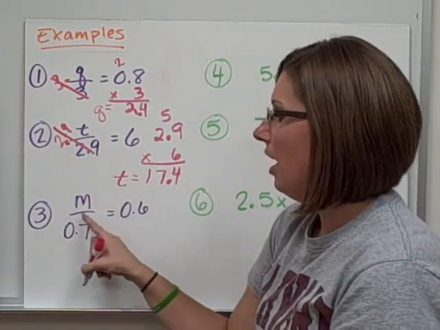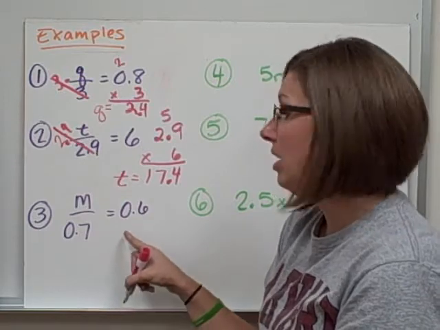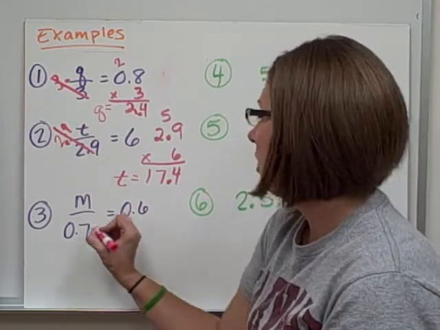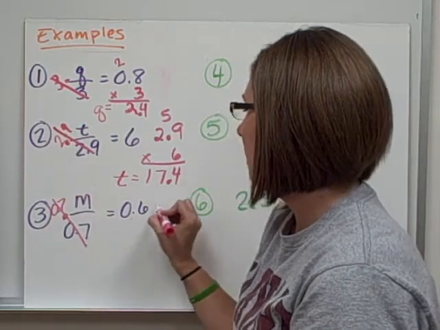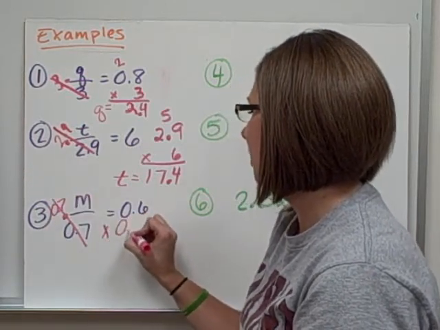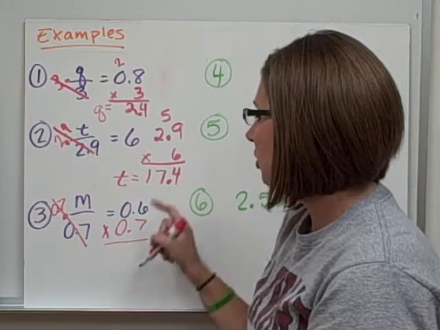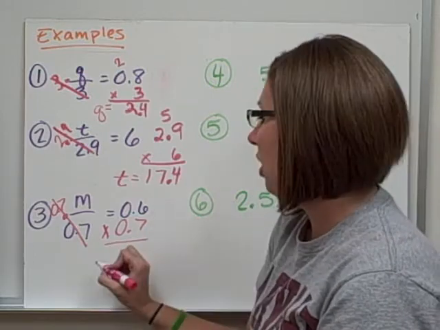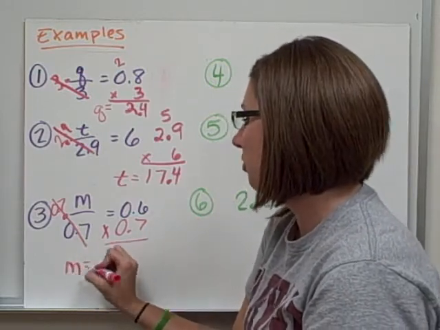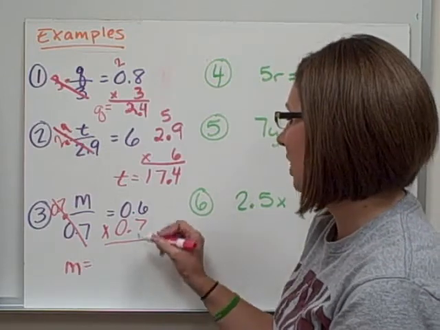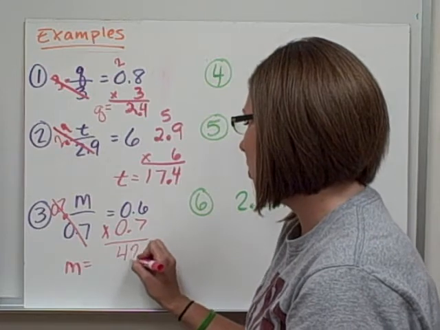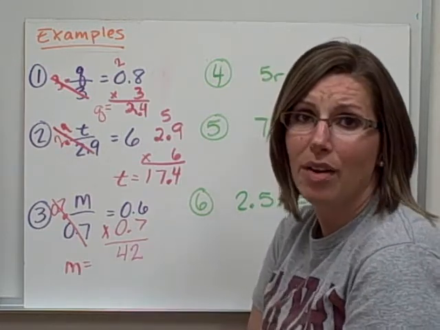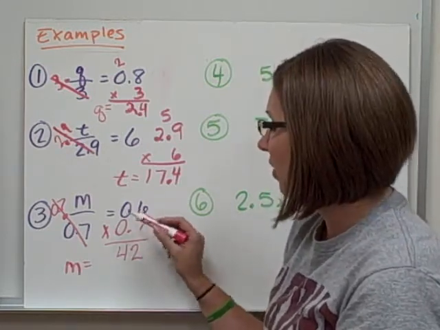Number 3, m divided by 0.7 equals 0.6. So I'm going to multiply by 0.7. I'm just creating a vertical multiplication problem instead of a horizontal multiplication problem. That's going to help me figure out what the answer is. 6 times 7 is 42, and then all I have left is zeros, so I don't need to multiply those.